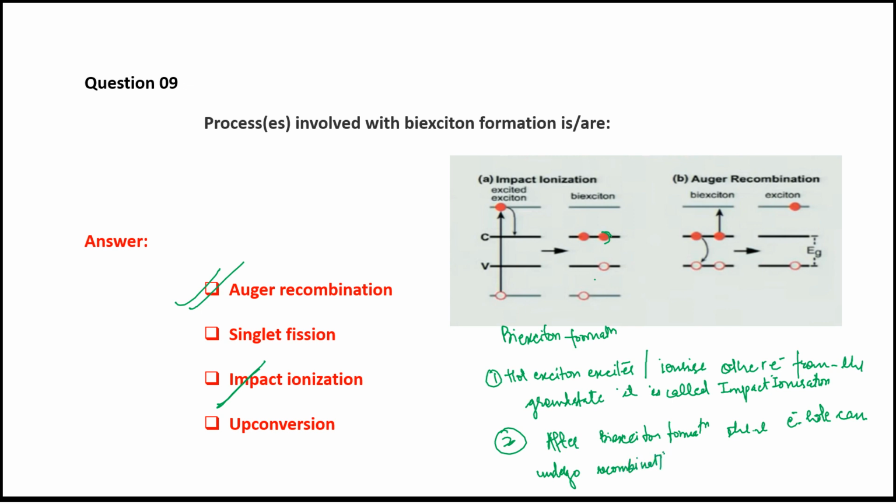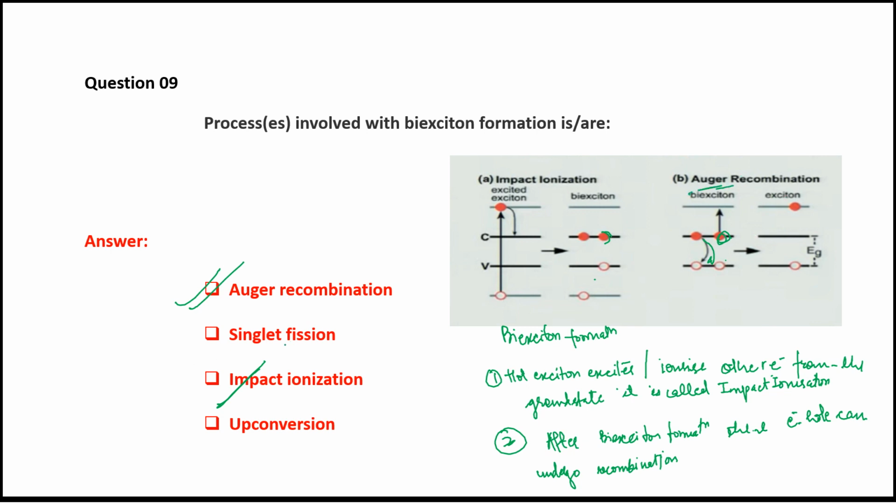In this recombination, these two meet together and one exciton with the excess of energy is promoted to a further higher level. So this may also happen. This process is called Auger recombination.